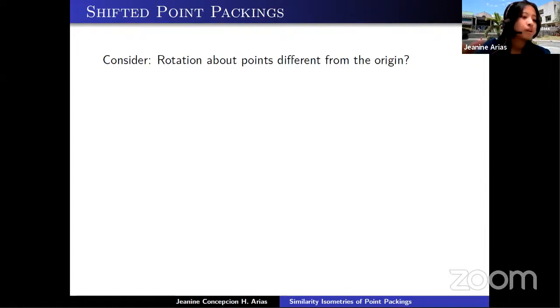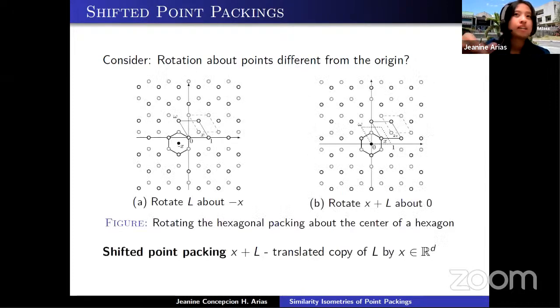Now if we want to rotate a point packing about a point different from the origin, say we want to rotate about the point negative x, then notice that this problem is equivalent to this one.